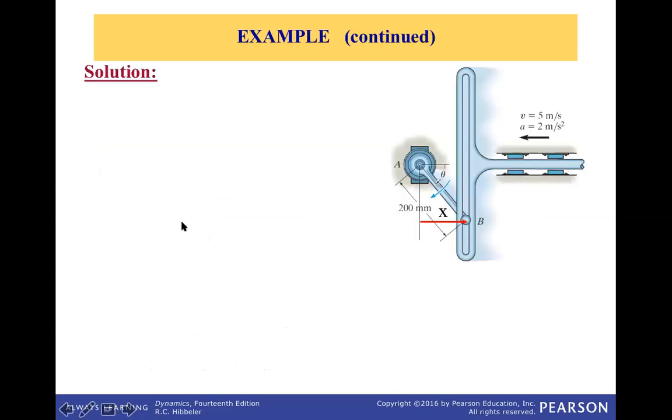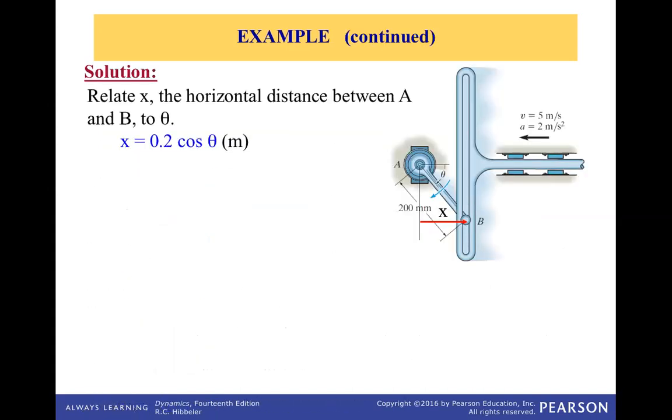So let's take a look here. If we set up x to be the variable, you can relate x to the angle theta. From the geometry, x is equal to the length of this AB link times cosine theta. The AB length is 0.2 meters, so x equals 0.2 cosine theta.